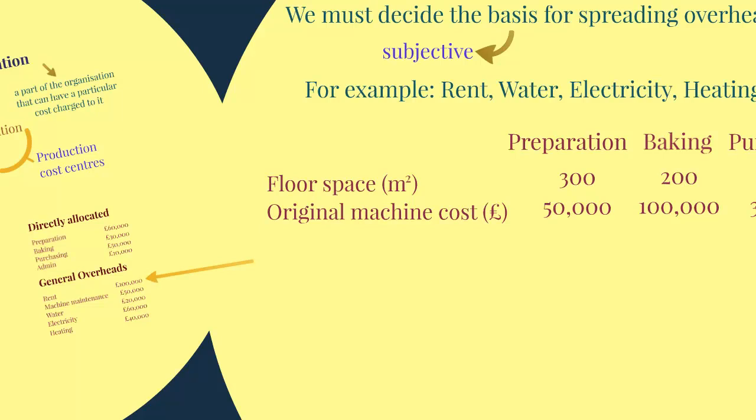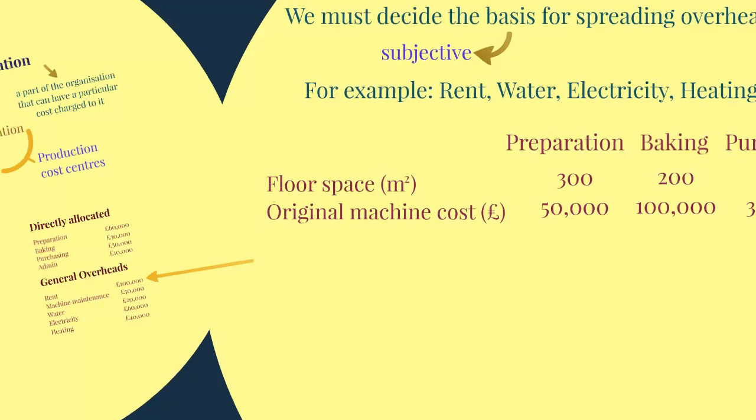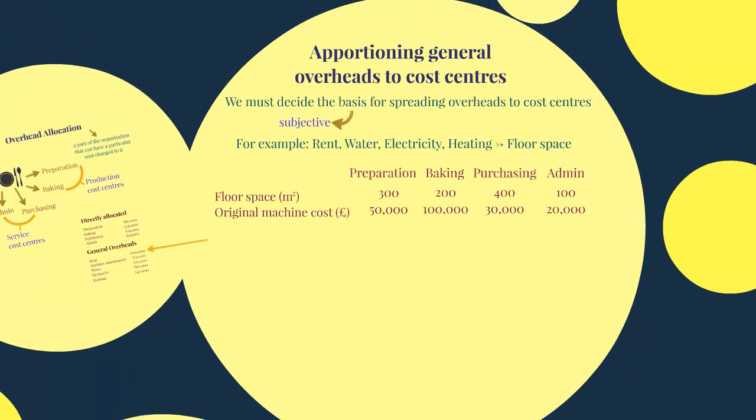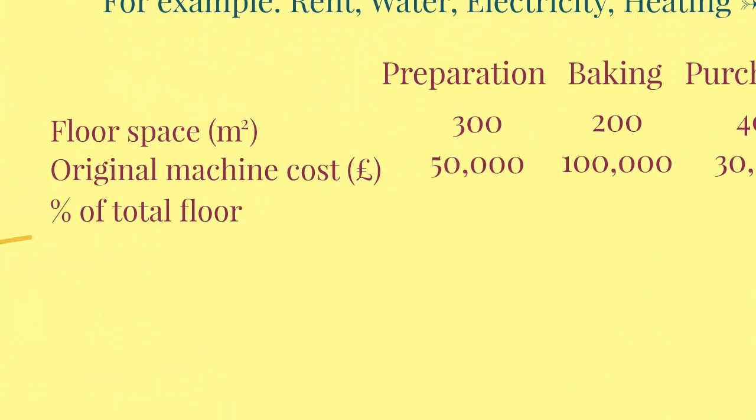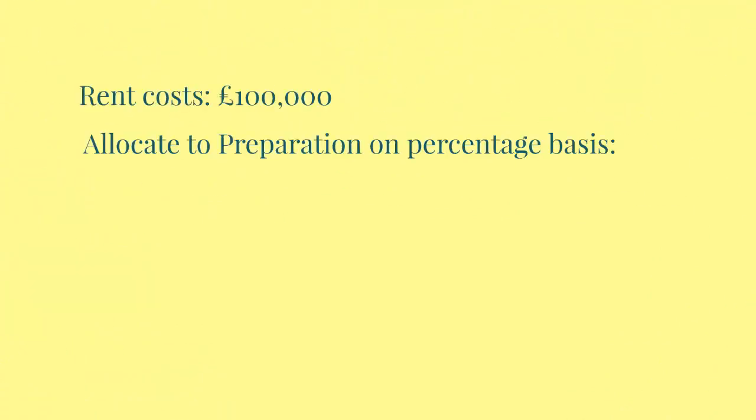So first of all, let's take floor space. Now we know that the rent is £100,000 and we have 300 square meters applied to preparation, 200 for baking, 400 for purchasing, and 100 for admin. So it works out that the best way to allocate these costs would be to allocate them based on the percentage of floor space used.